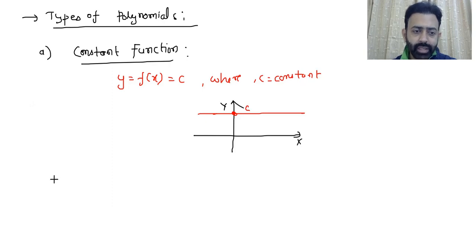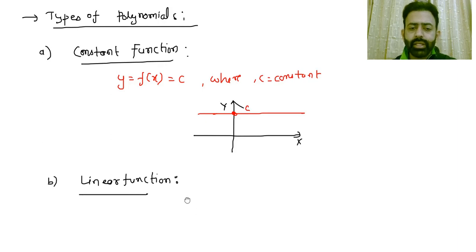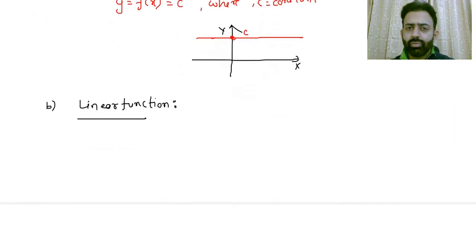B part: the next category of polynomial function is the linear function. So what is a linear function? You must have studied the equation of a straight line. That straight line equation falls under the category of a linear function, right? So any expression of the type y = f(x) = ax + b, right?